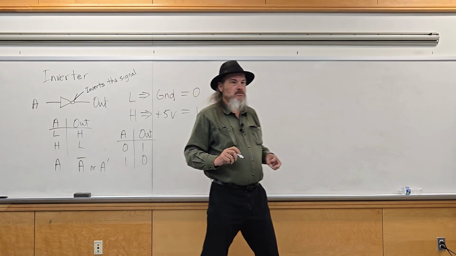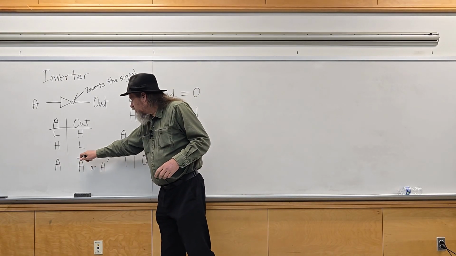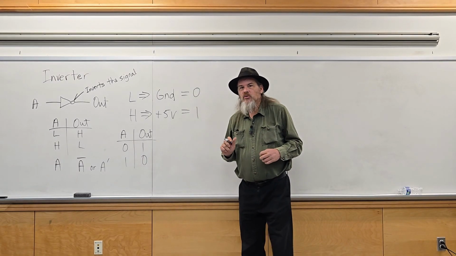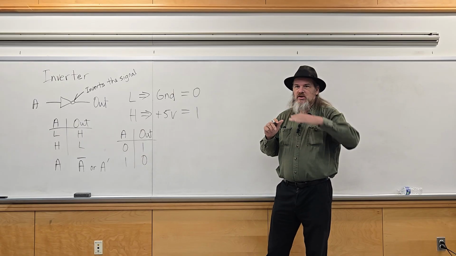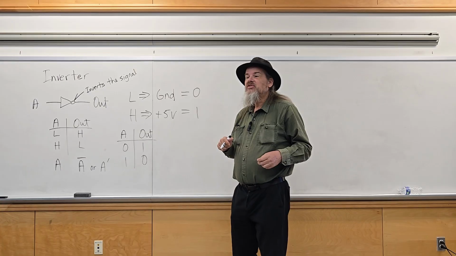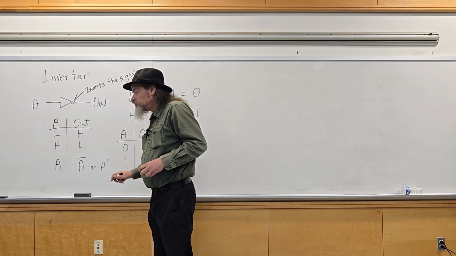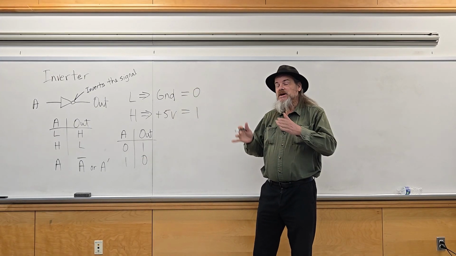You have A, the signal A, and the output is either going to be called A bar or A prime, depending on if you are typing it up or writing it out. Doing an A with a bar over it on a computer is challenging at best. So you would do A prime, A apostrophe, to indicate that it is the signal A inverted.